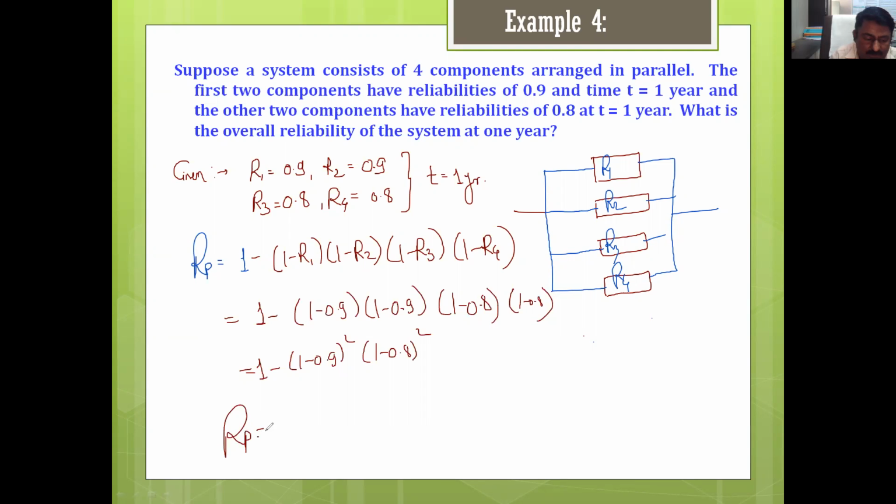So finally, this RP value is equal to 0.996. This is your final answer. So in this way, you have to proceed for calculation of this system reliability if the numerical is for a parallel condition.